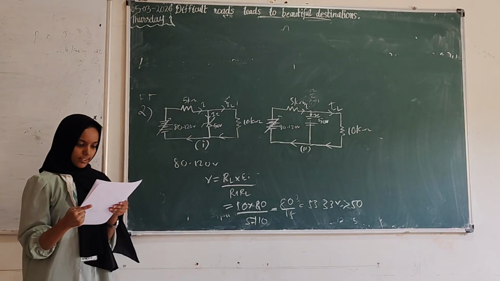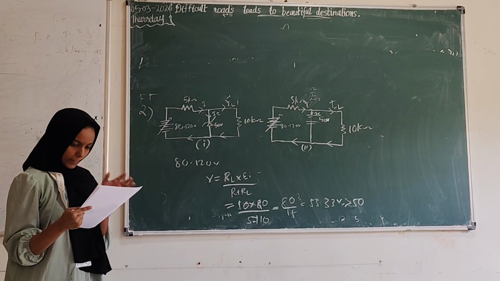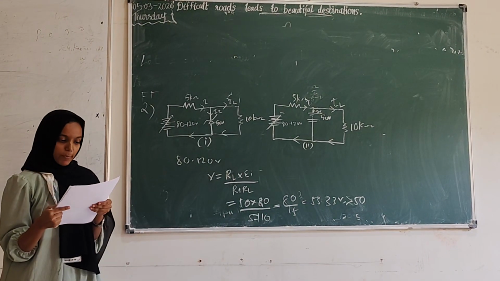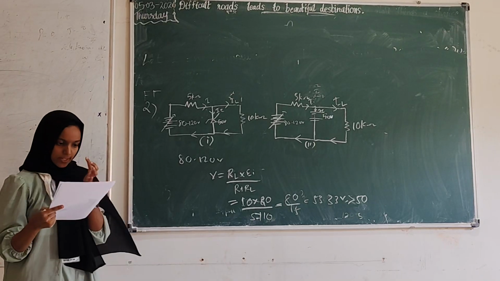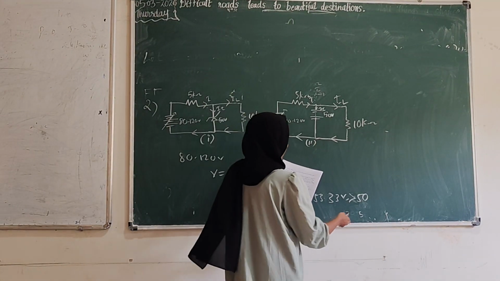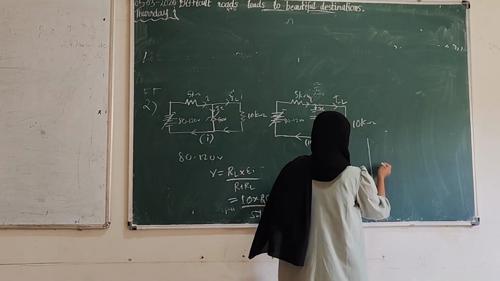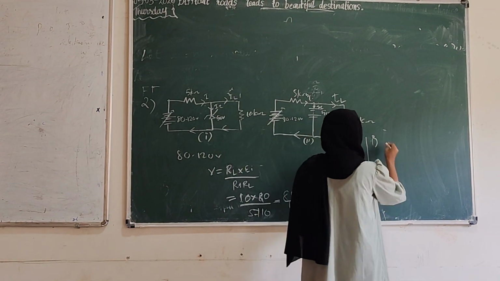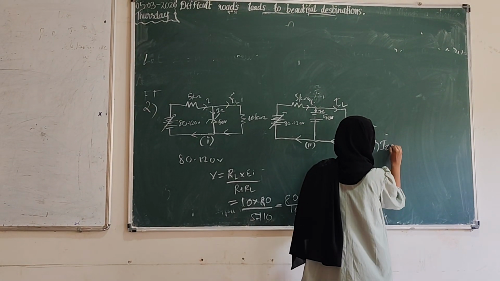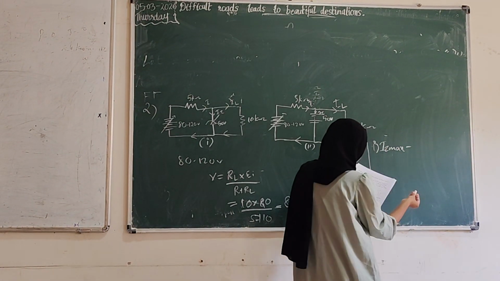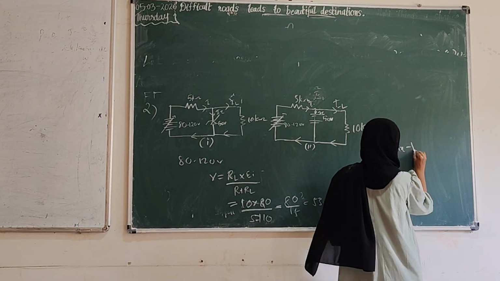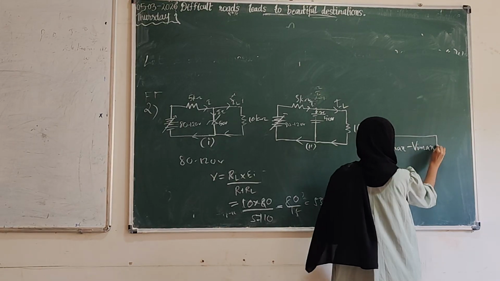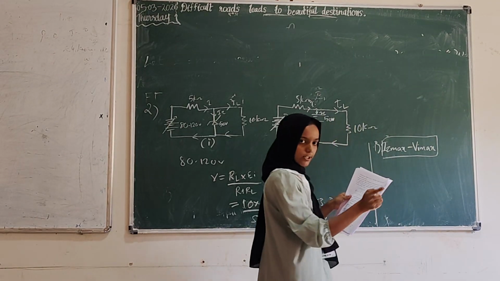Now we want to find the maximum zener current and the minimum zener current. First we find the maximum zener current. For that, the input voltage will be maximum. This is the condition for zener current to be maximum.